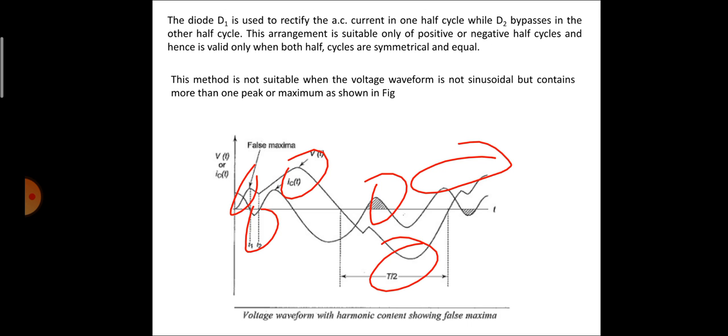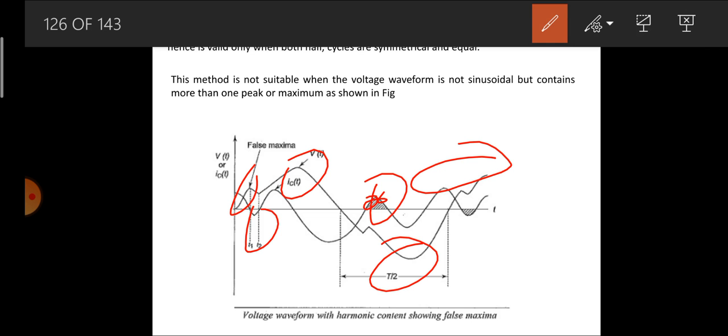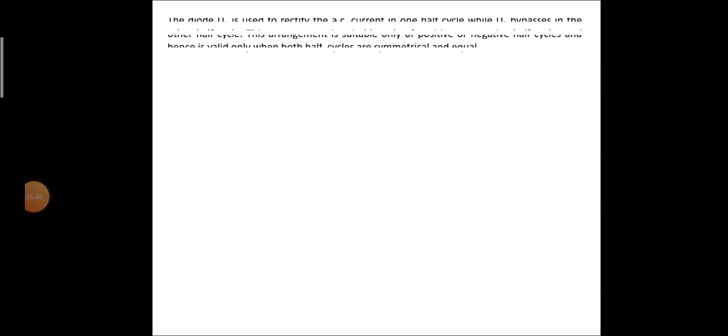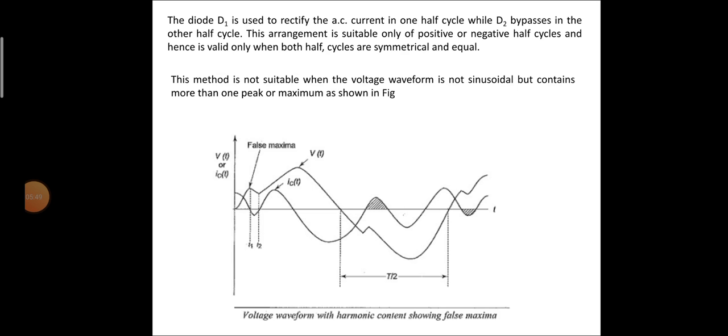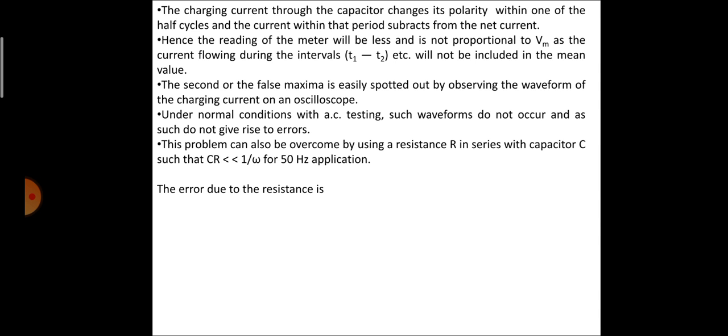You can see the shaded areas here. This gives the reverse current in one half of the cycles. The current within that period subtracts from the net current.